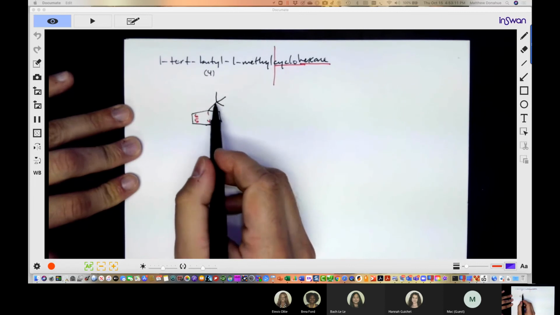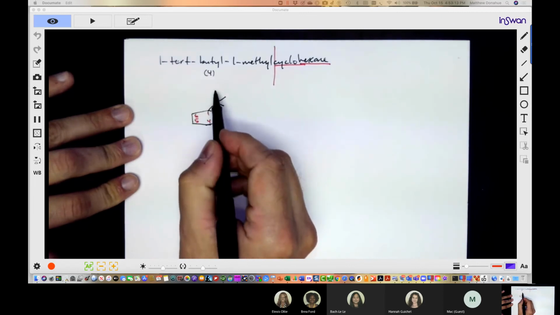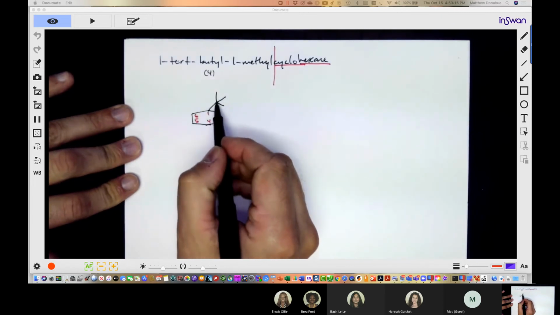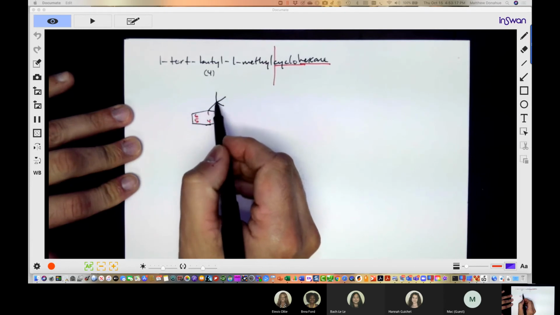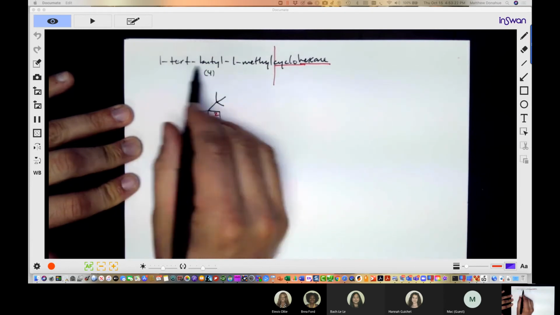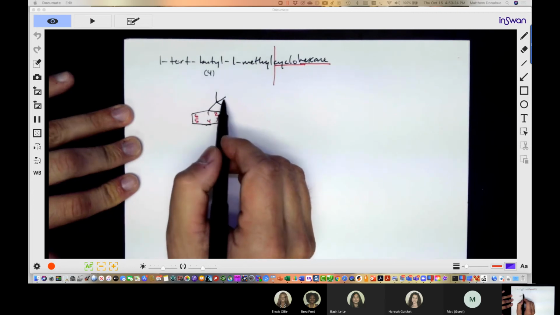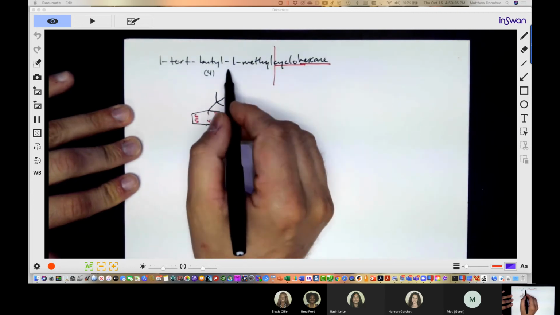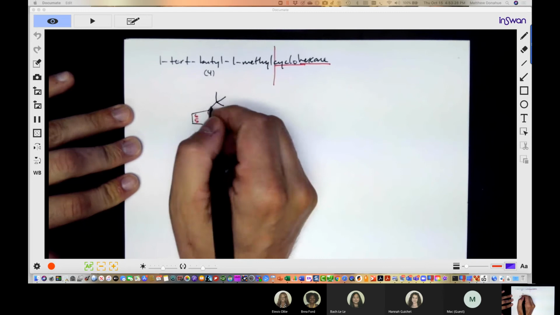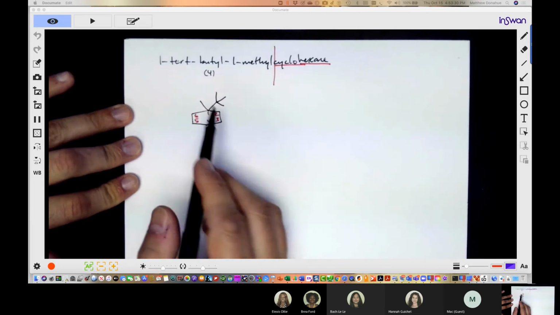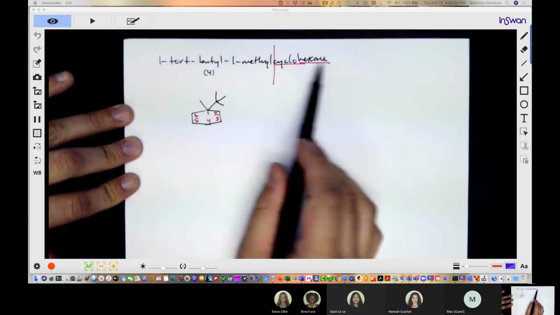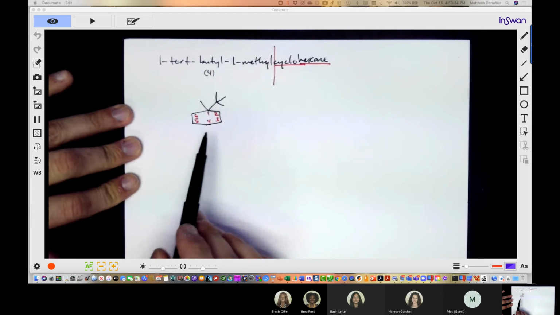Tert means it's tertiary. So there's your 1, 2, 3, 4. It's saying that the connection is to the tertiary carbon. So there's 1 tert-butyl, that's that substituent. Then we have a 1-carbon unit, 1 methyl. So there is that molecule. We've converted the name to the structure.